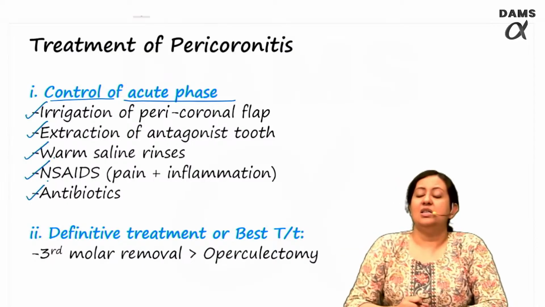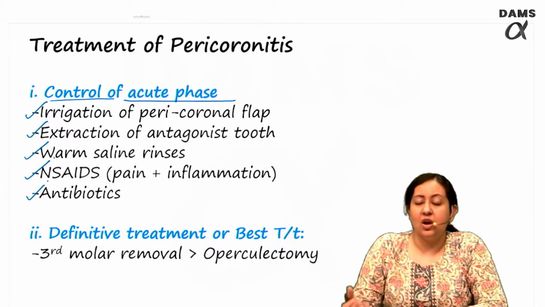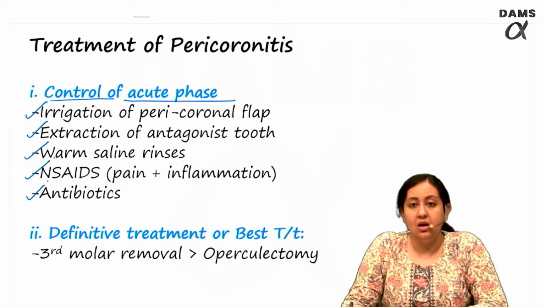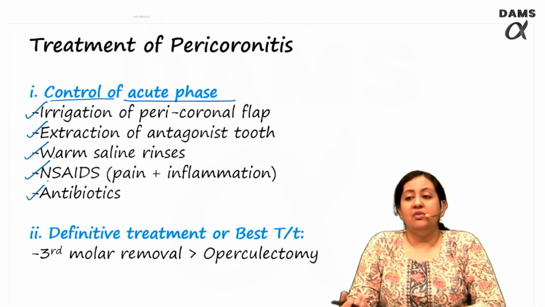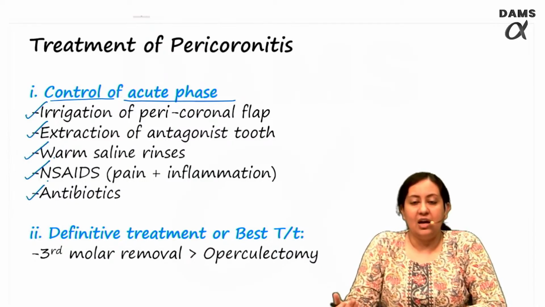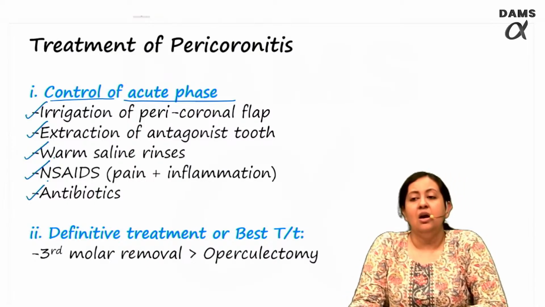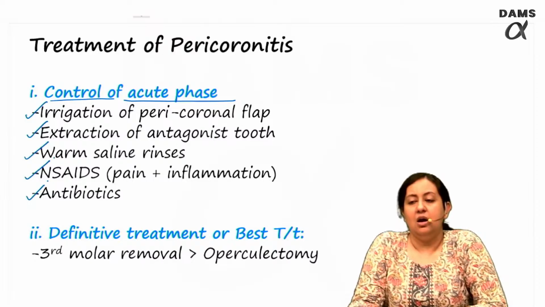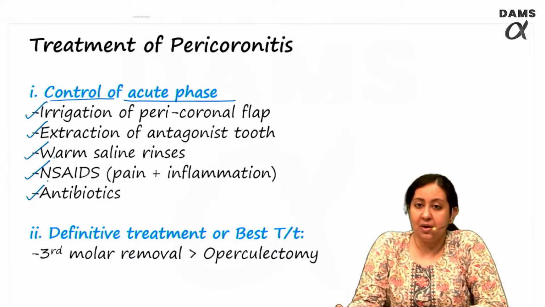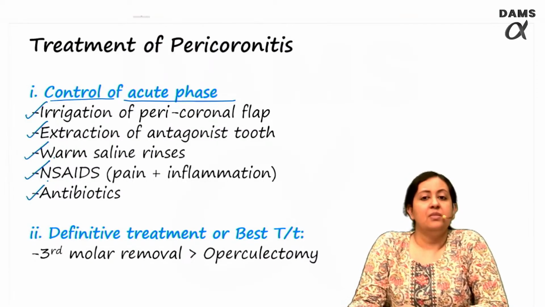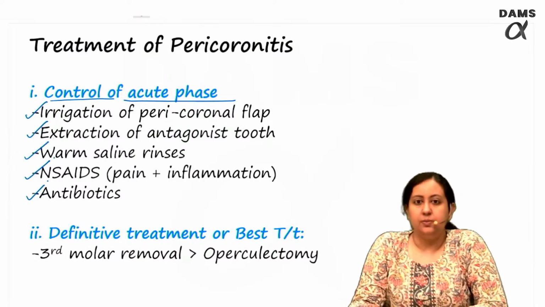You can ask the patient to do warm saline rinses, which will help in getting the inflammation down. You can give NSAIDs to tackle pain and inflammation. And yes, if there are any systemic signs and symptoms present along with pericoronitis like fever, leukocytosis, then you can go in for antibiotics also.